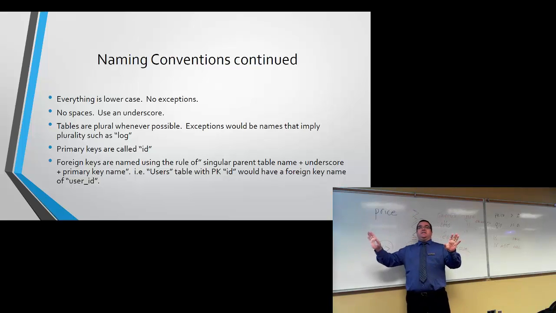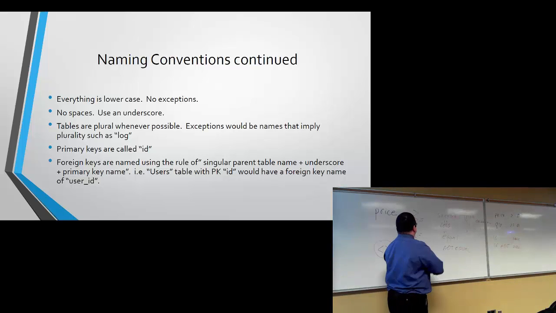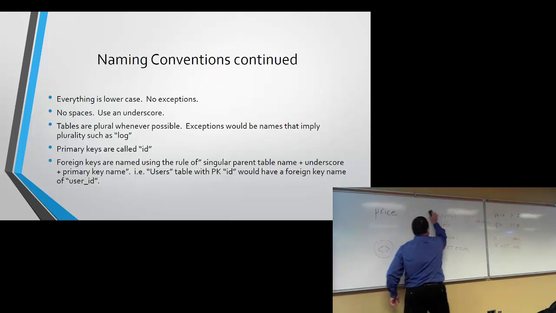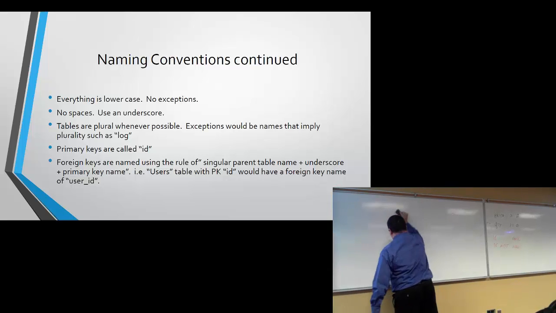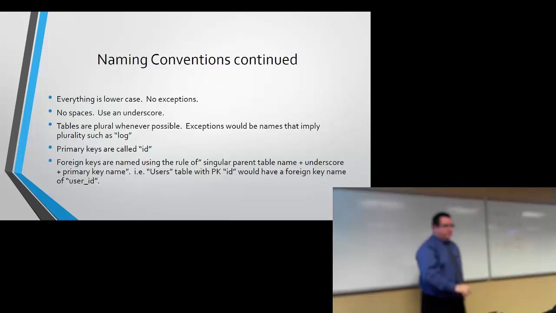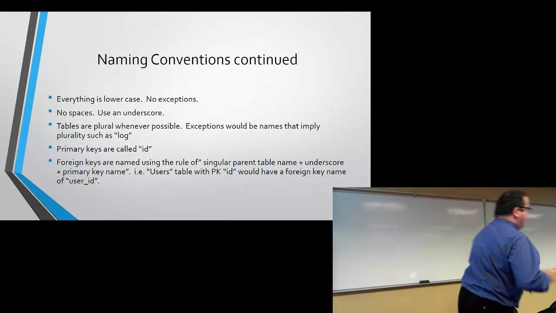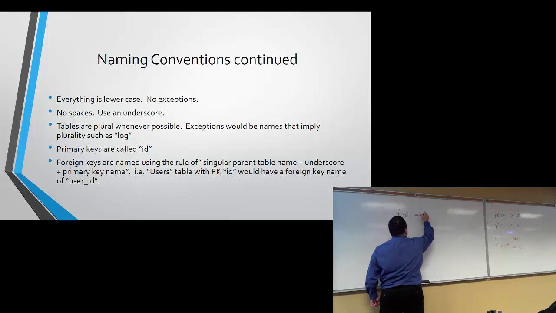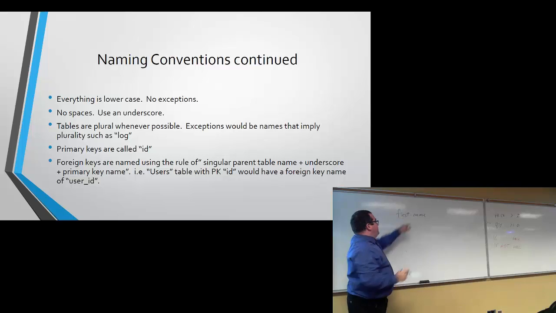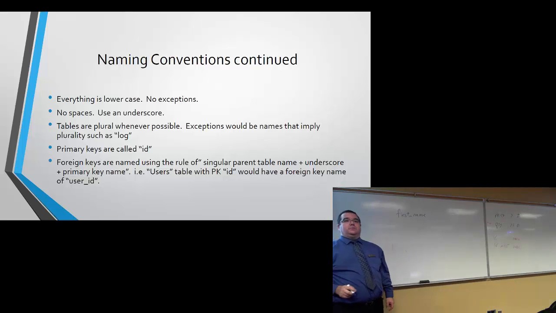Okay, no spaces in your object names. Use underscores. That means you have a person's first name. Normally, I draw a little triangle here, there would be a space here. No space.